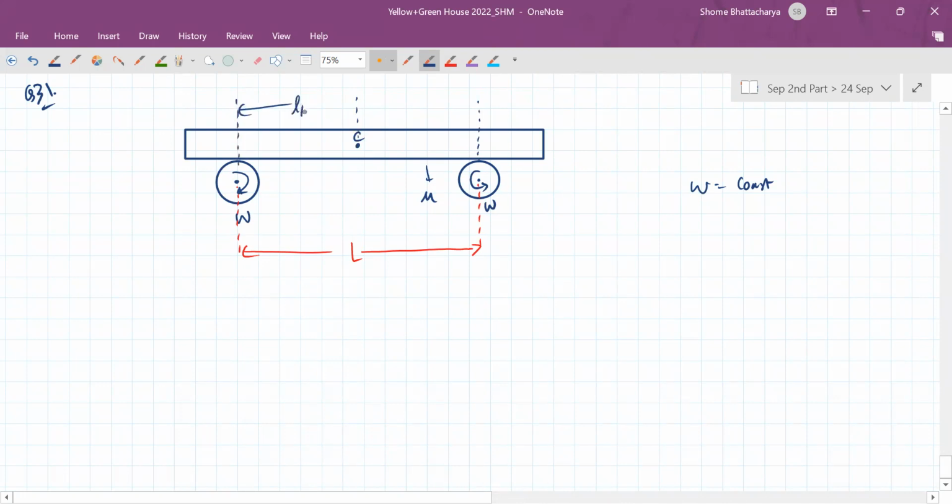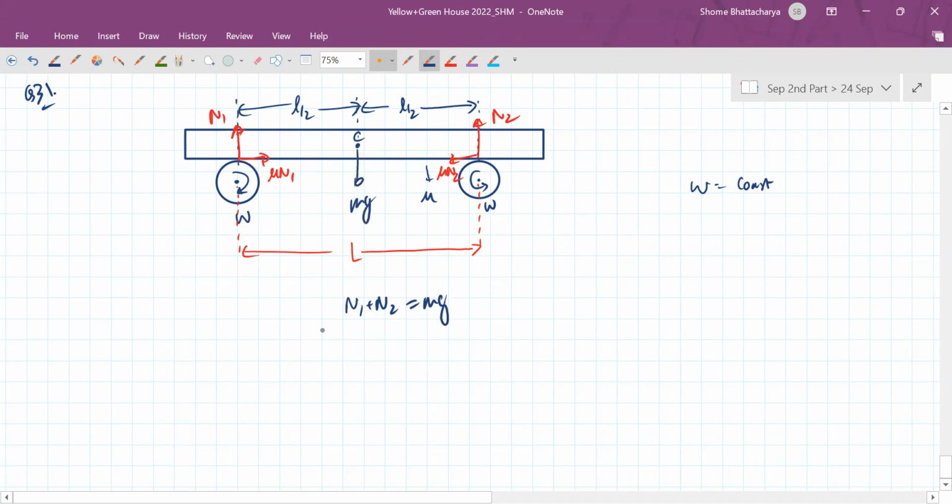The normal reactions will be the same, because torque has to be balanced about the center of mass. So here, suppose this normal reaction is N2, this normal reaction is N1. The friction acting on the plank here will be mu N1. The friction acting on the plank on this side will be mu N2. Now at this particular position, N1 plus N2 has to balance mg.